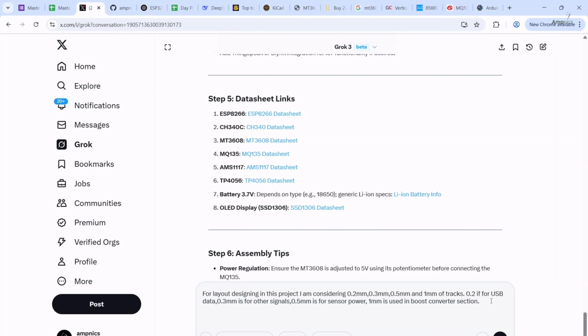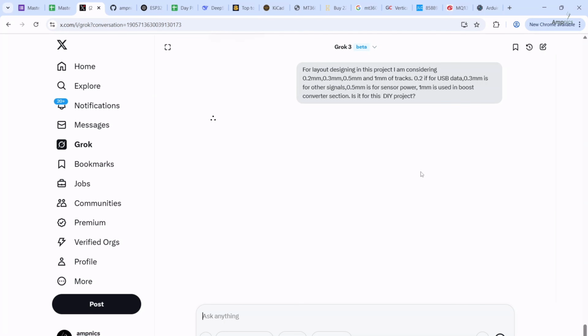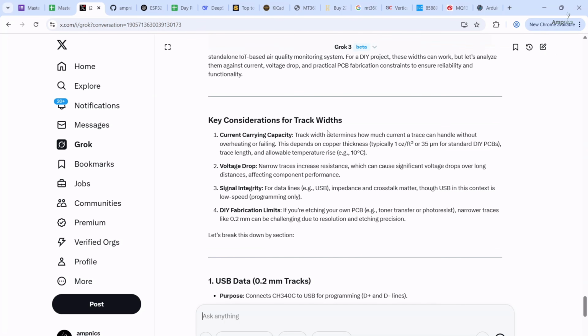Okay, so I will ask, is it good for a DIY project? Consideration of our track widths, current carrying capacity. It is also telling us something more detailed and technically deeper, about overheating or failing.